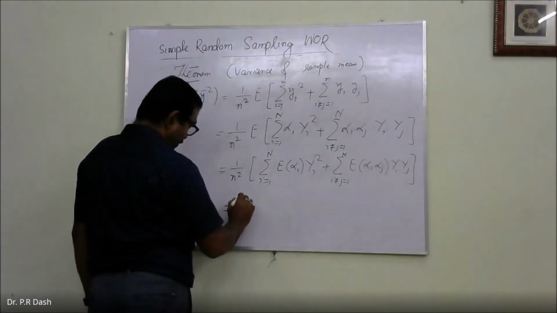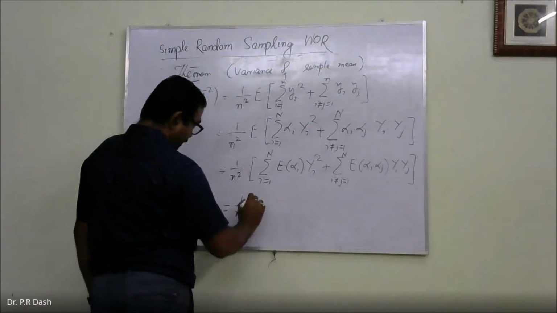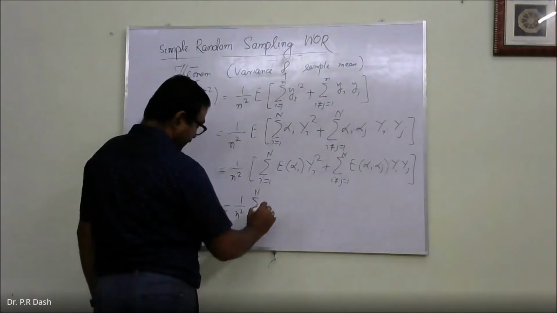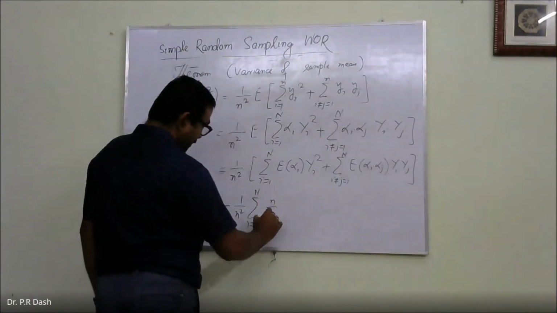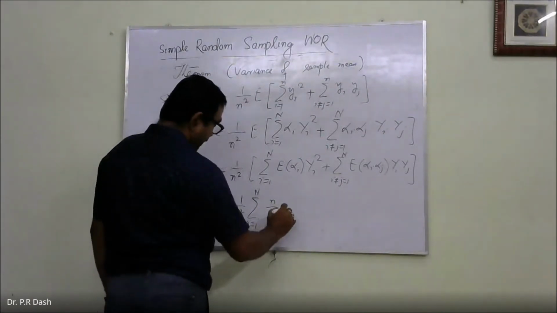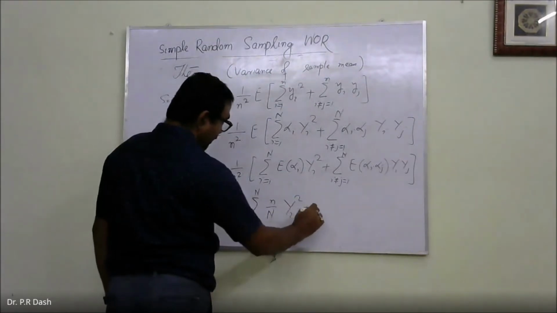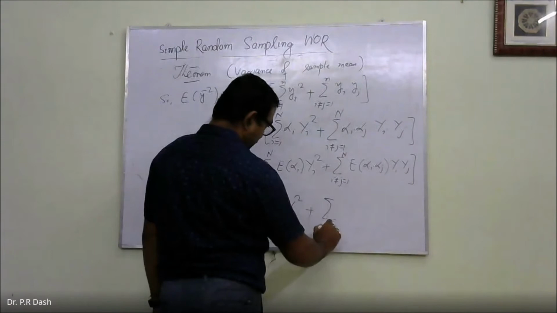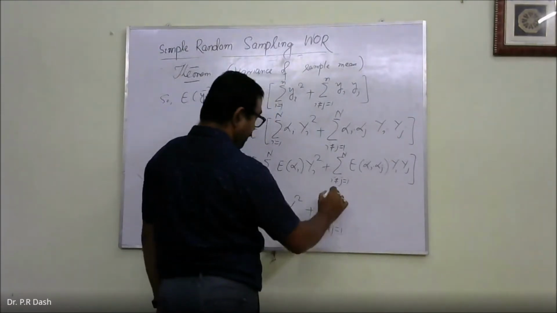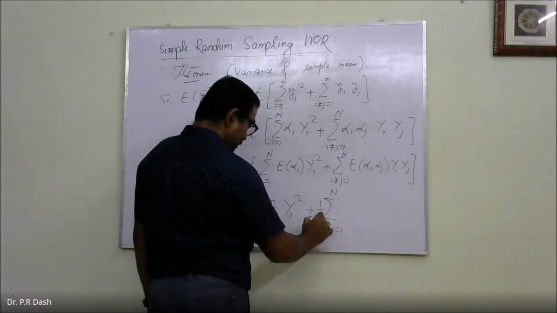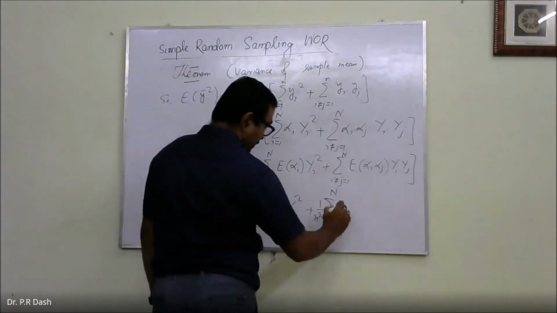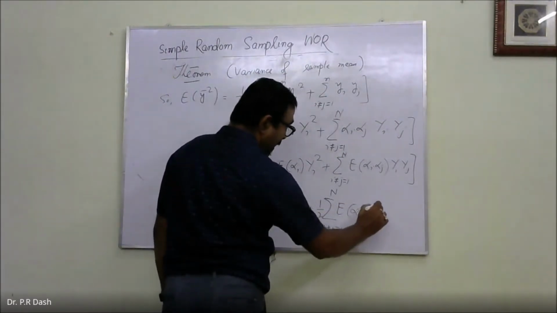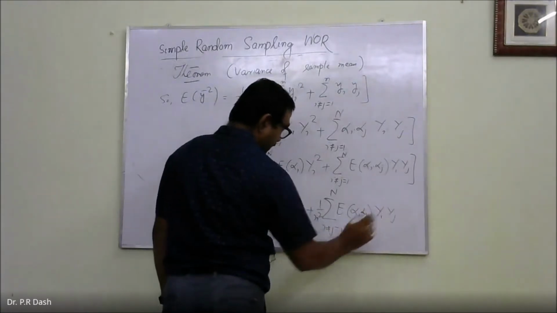Now this is equal to 1 by n square summation i equal to 1 to n expectation of alpha i, that we have already obtained as small n by capital N, into yi square, plus summation i not equal to j varying from 1 to n, 1 by n square, this is the expectation of alpha i alpha j yi yj.